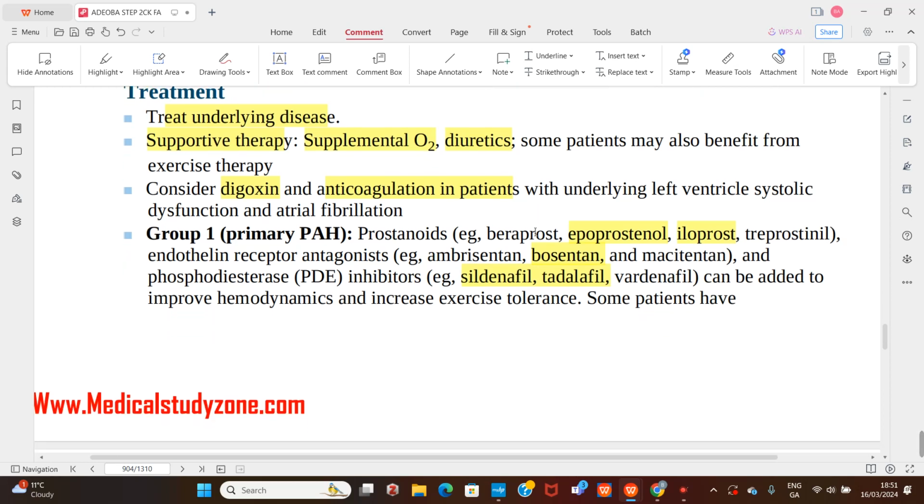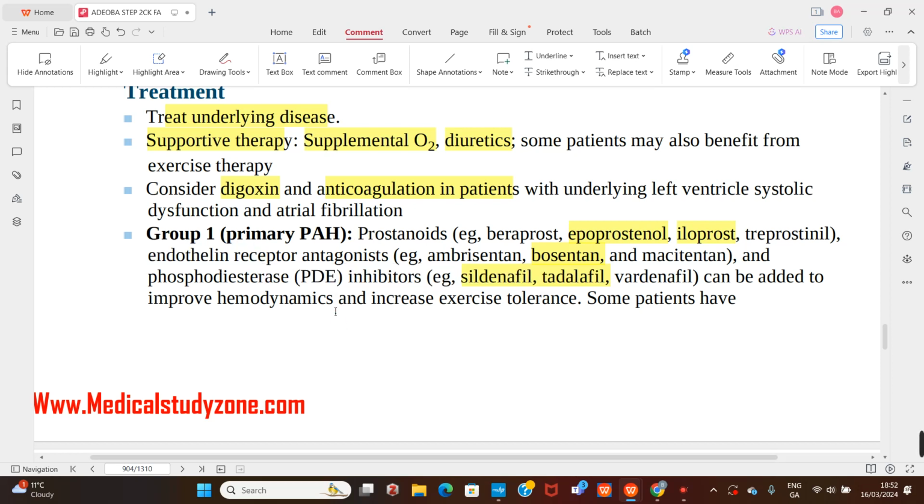So for group 1, we have talked about management of group 2 and group 3. For group 1, we already know the pathophysiology: idiopathic, BMPR2 gene mutation, inactivation, and it's associated with increased expression of endothelin receptor agonists like endothelin 1.